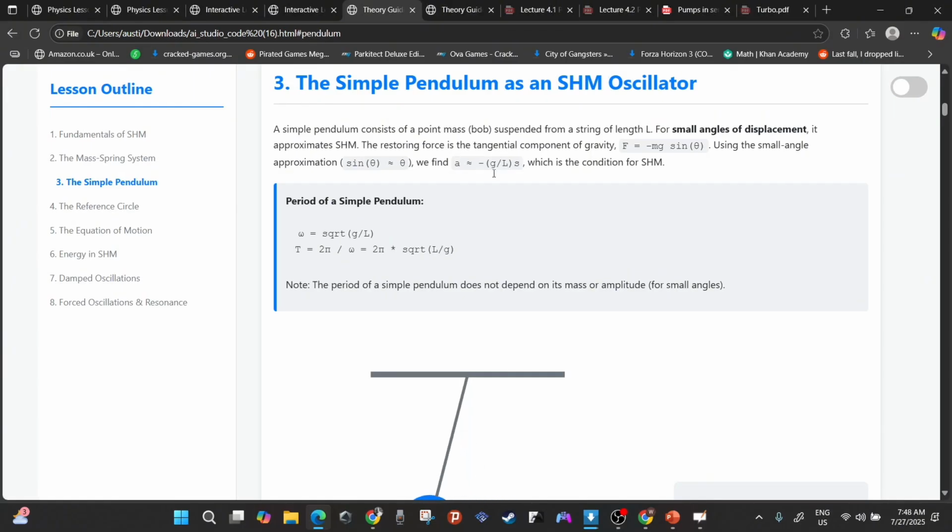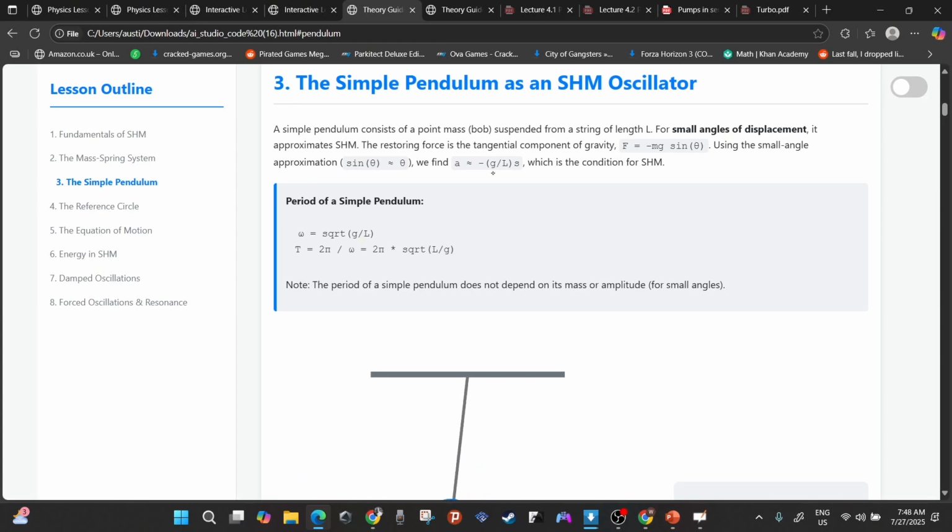But yeah, so Bob is suspended from a string of length L, right? So he's hanging in the air. I don't know why. It's very weird for Bob to do that, but Bob is a silly guy. But for small angles of displacement, it approximates simple harmonic motion.